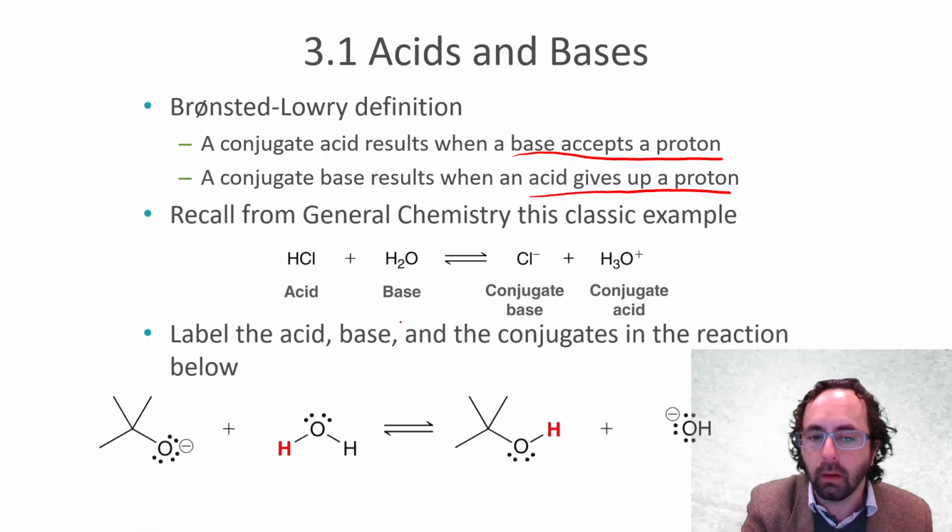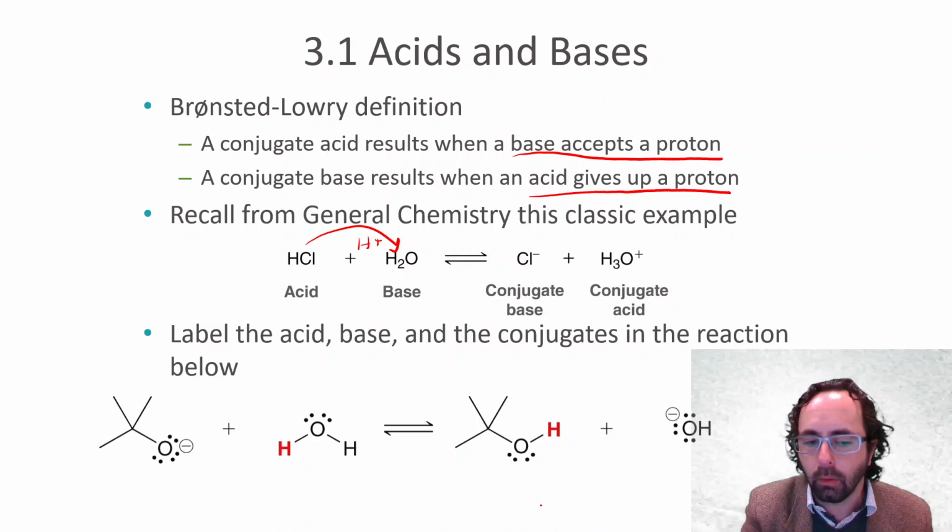For example, here the HCl is the acid. It's going to give an H plus over to the water. The water will accept that, gets an extra H, and the charge goes up by 1. The H plus is no longer on the chloride, so it goes down to a -1.